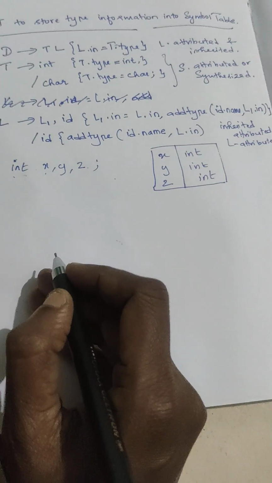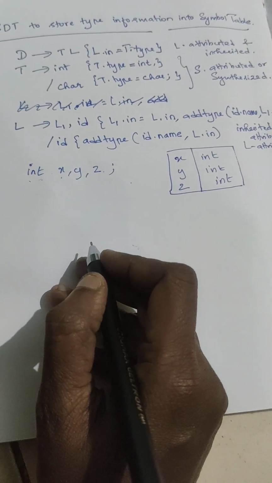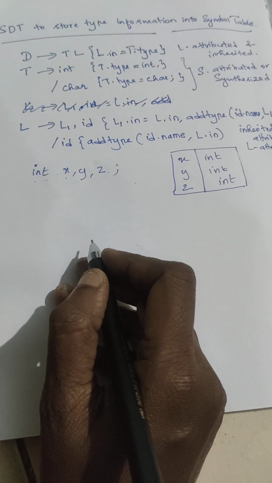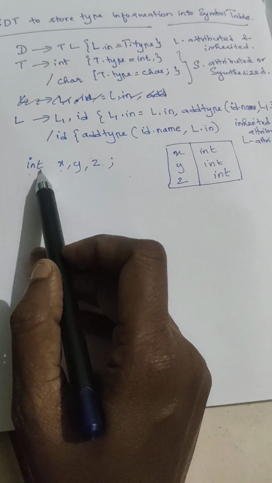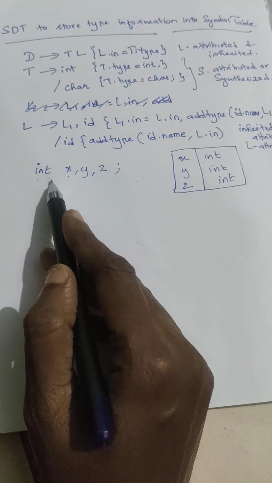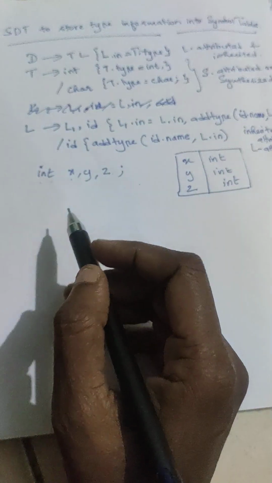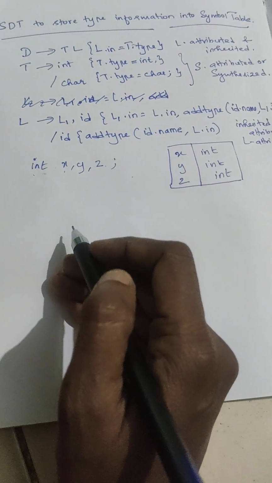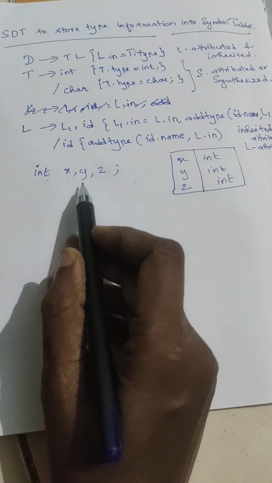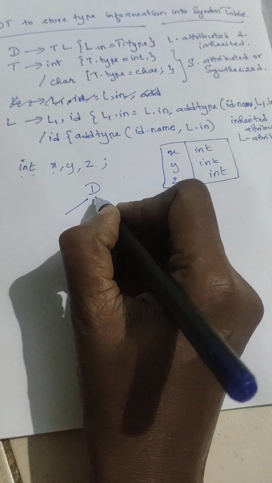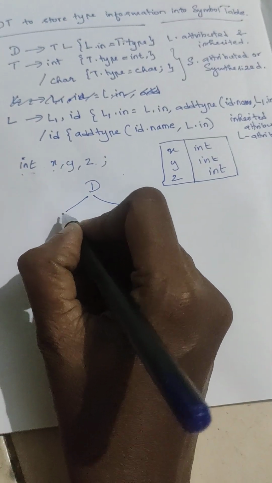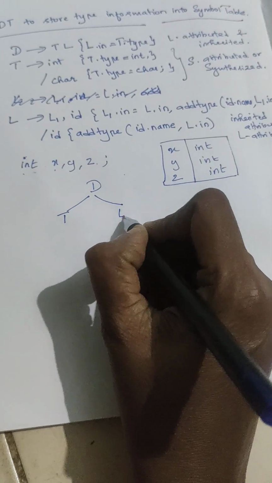So now before implementing this SDT, we have to construct the parse tree for this grammar. Considering the input statement int x y z, how can we construct it? So we want int x y z. We start from declaration. Declaration can be a type and a list.